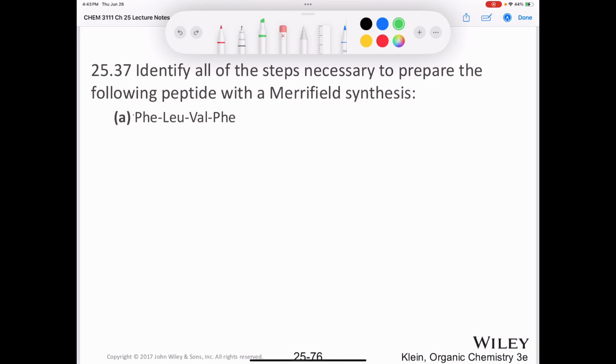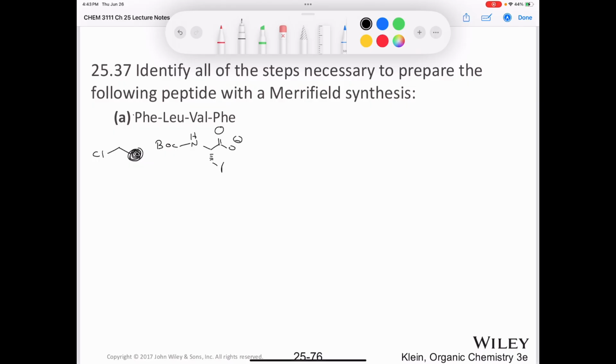So the first step is going to be tethering the phenylalanine onto the polymer. So the way that we represent this is just by drawing the CH2Cl. And then you can write polymer. I like to just put a black dot like that, which represents the polymer. So we're going to take our Boc-protected phenylalanine. So let me just write out the structure of that. And I'm probably providing way too much information, but anyhow.